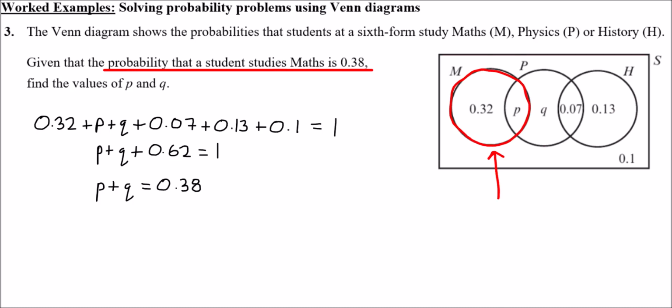So from that, what we can say is that 0.32 plus P needs to be 0.38. And from that, we can just subtract 0.32 from both sides. So P is 0.38 minus 0.32, which gives us 0.06.